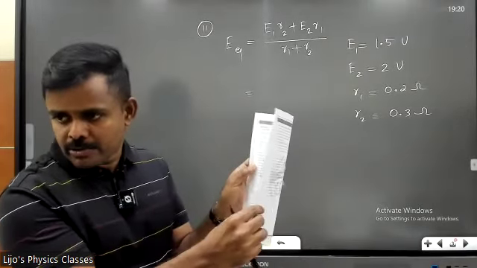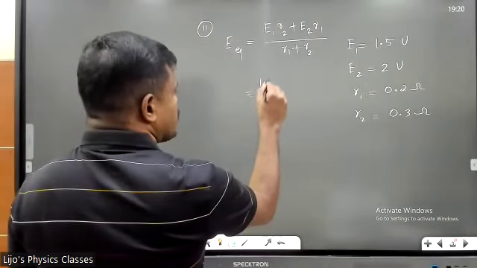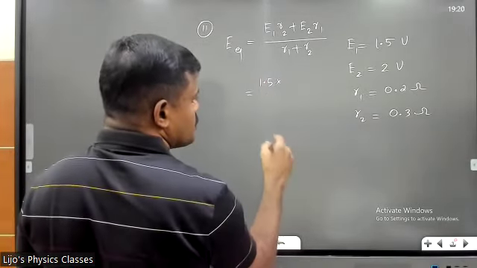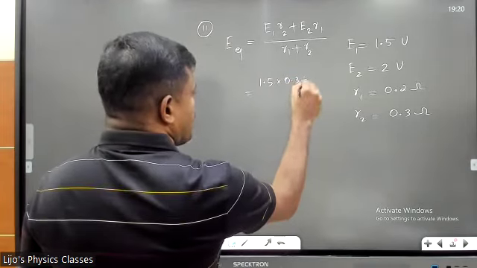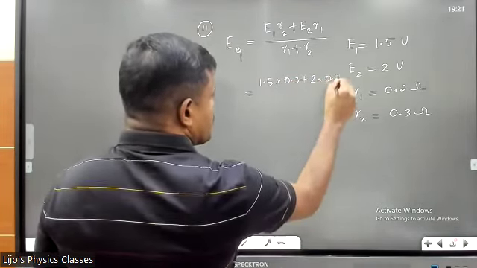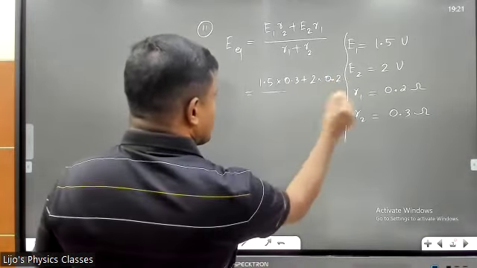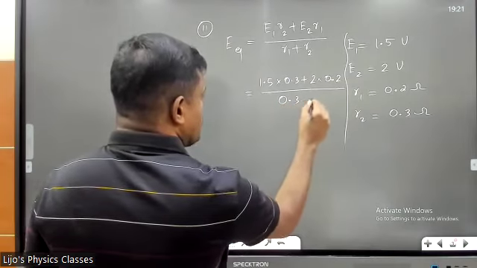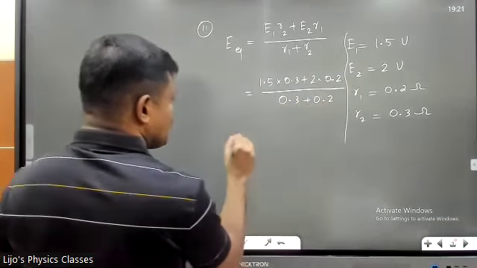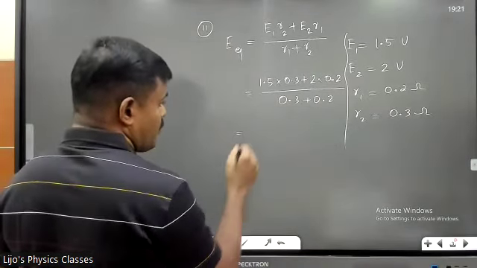All right. Equations used here. Okay. E1R2. Put the values. What is E1R2? 1.5 into R2, 0.3 plus 2 into 0.2 divided by R1 plus R2. 0.3 plus 0.2. It is like 1.3 into 1.5 into 3, 4.5.